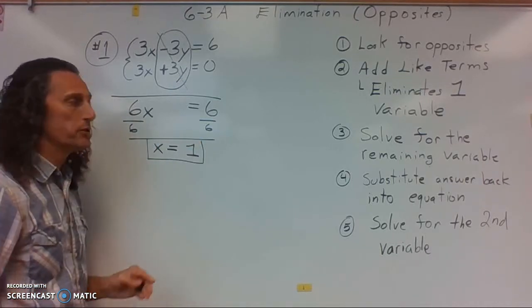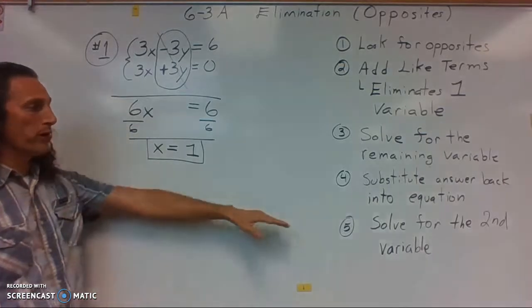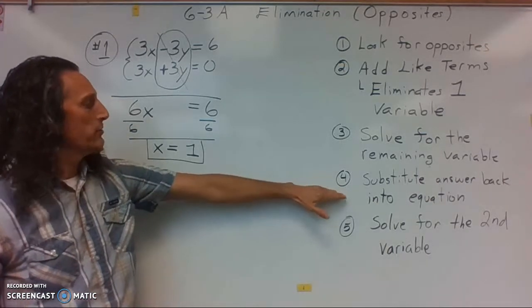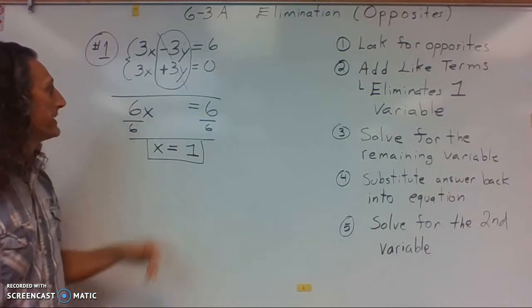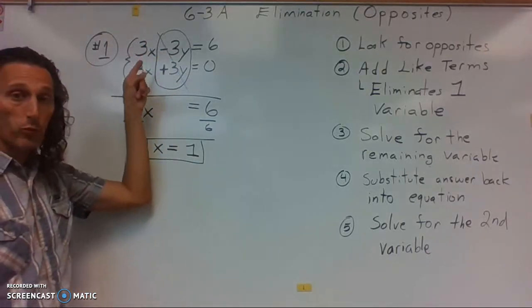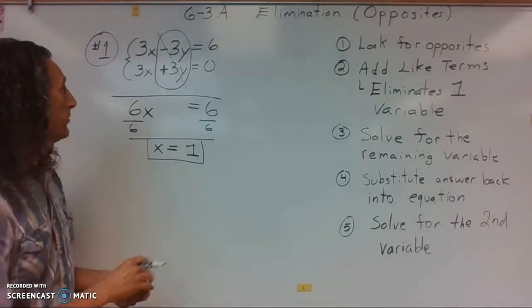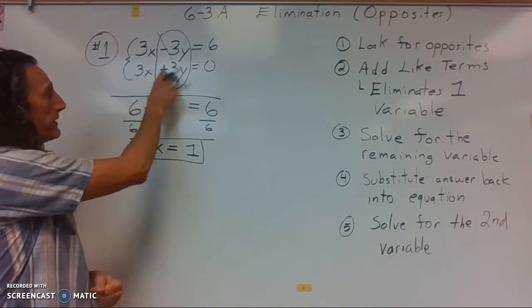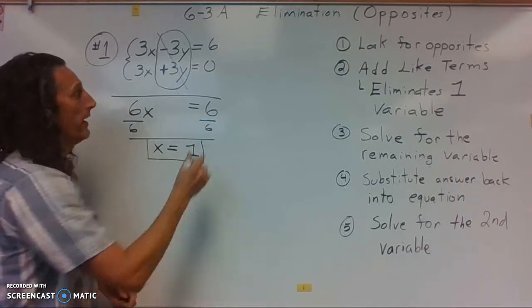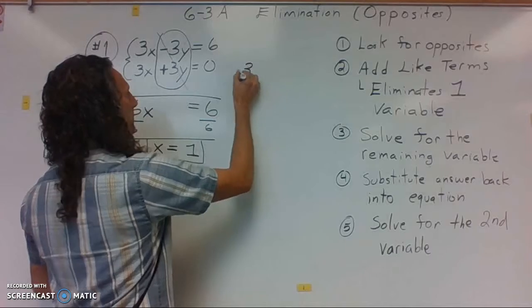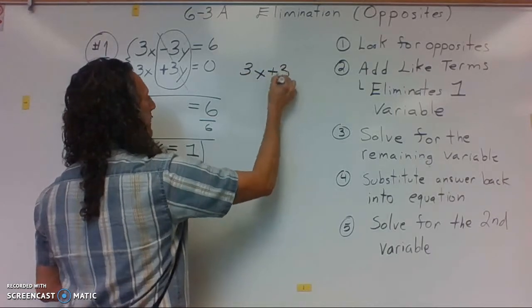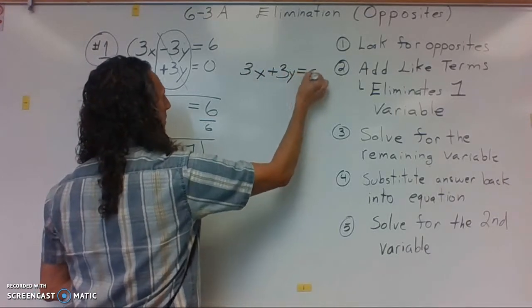So that brings us down to step 4. Substitute the answer back into the equation. So watch. It does not matter which one you pick. I'm just going to pick the bottom one because it has no minus in it. And I'm going to write it over here. 3x plus 3y equals 0.